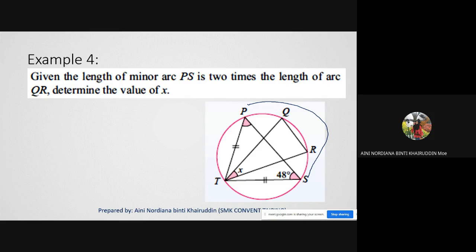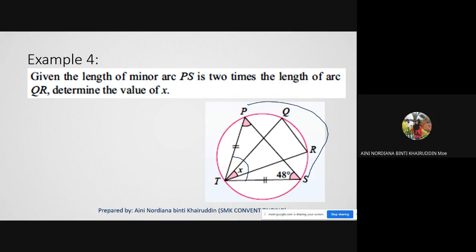So how to solve this question? You can use proportional. Before that, you need to calculate this angle. So how to calculate this angle? Given here PT and PS equal size, equal length.